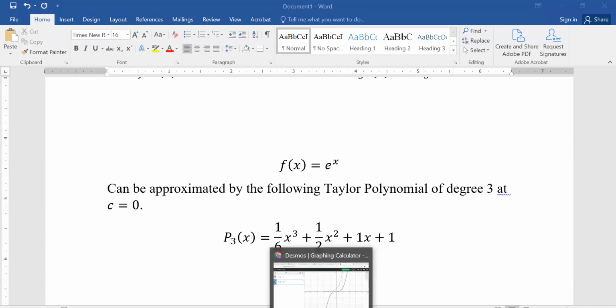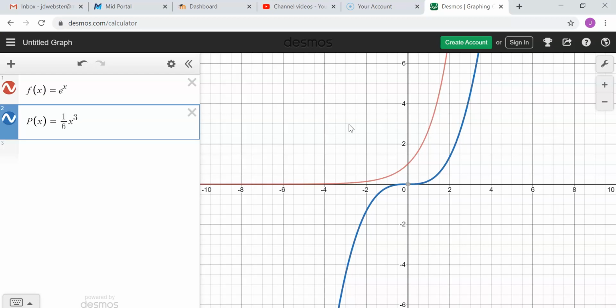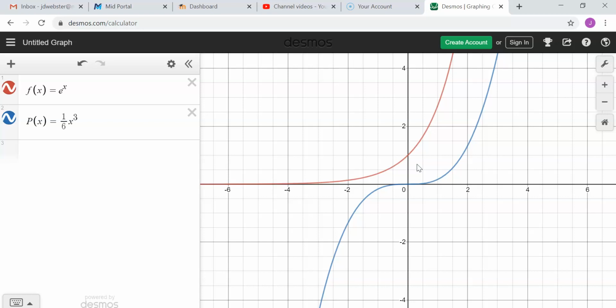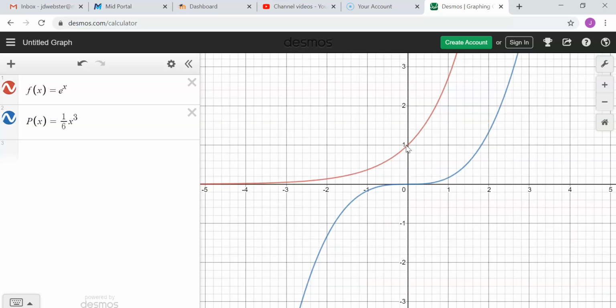So let's take a look at a graphing calculator. Now I've already graphed, hopefully you can see that, f of x equals e to the x. That's the red line here. And what we're trying to do is get a polynomial that approximates this graph well, right around this area where x is 0, okay?